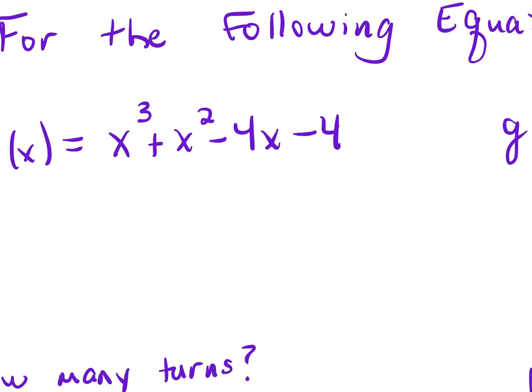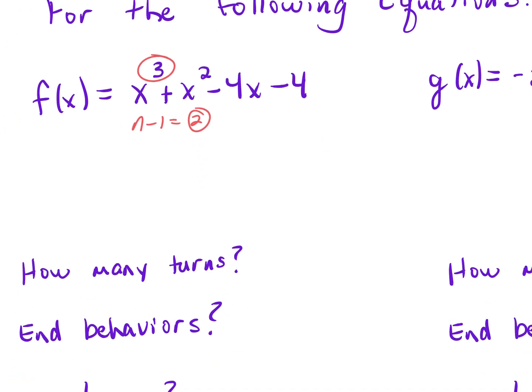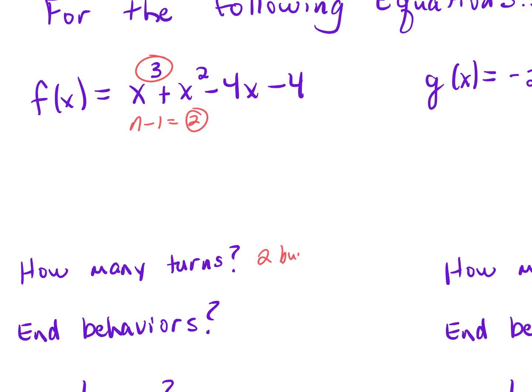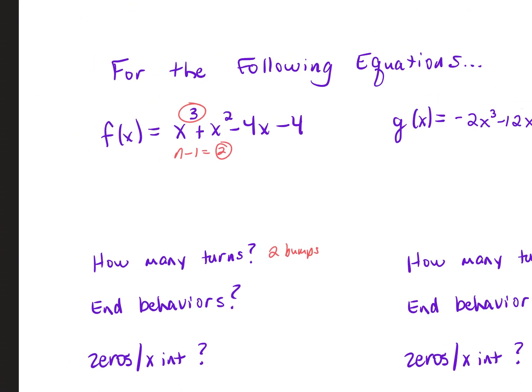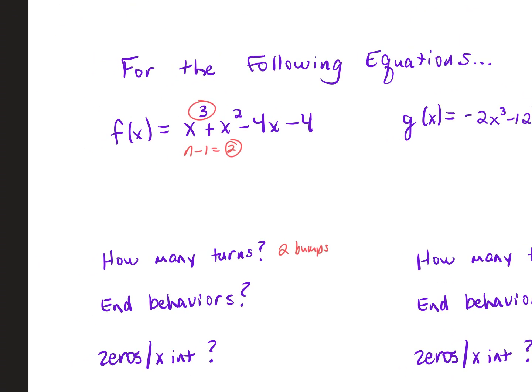First of all, how many turns, how many bumps should be in my graph? N minus 1, so you'd have 2 bumps. 2 bumps, turns, however you want to call it. How do we figure out end behaviors? Okay, highest exponent is what kind of a number? It's odd, so I think opposite. Is it positive or negative?